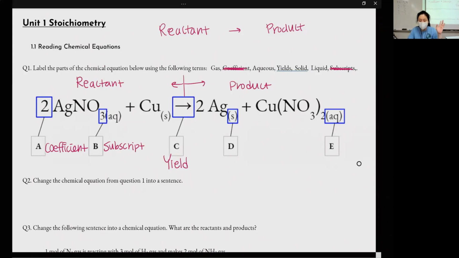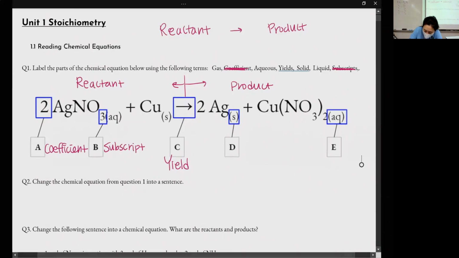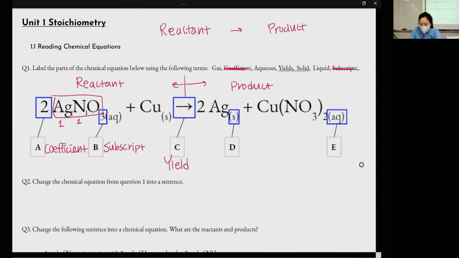So the coefficient is a big number in front, and the subscript is the small number right after the atom. If you don't see any subscript after an atom like Ag or N, then we assume that there is one. Therefore, you have one atom of Ag, one atom of nitrogen, and three atoms of oxygen in this particular chemical formula.